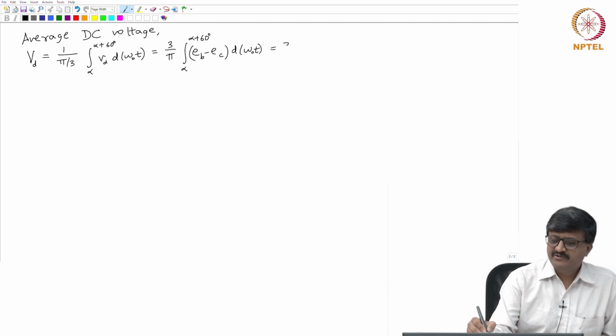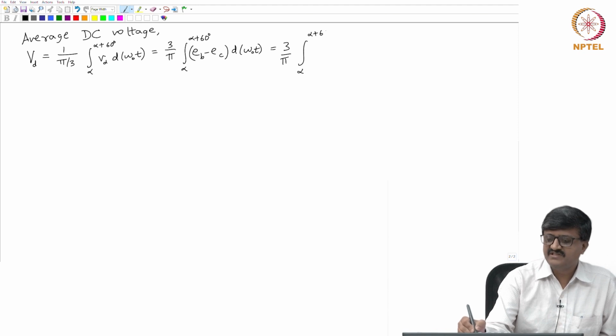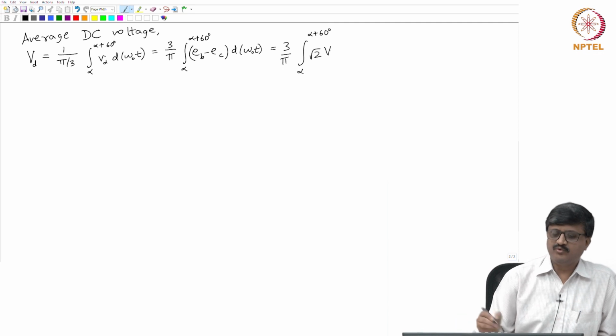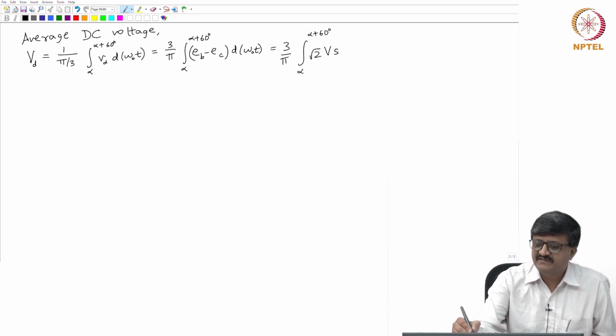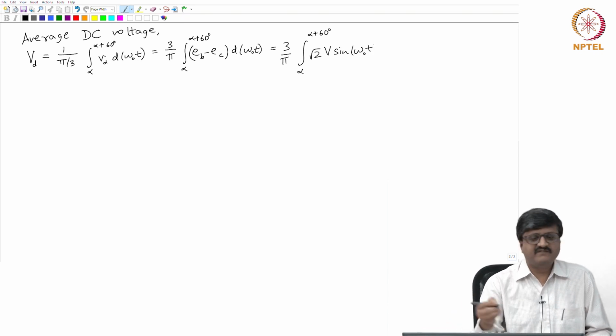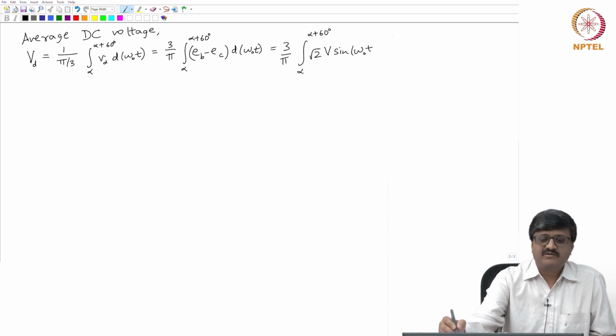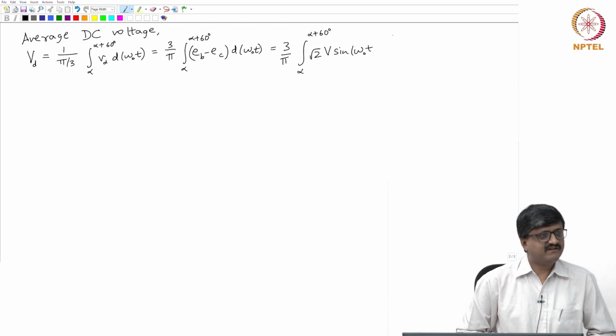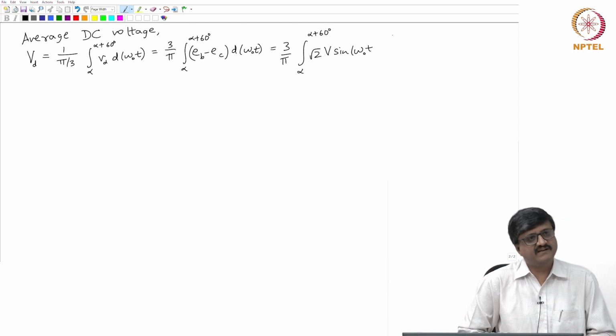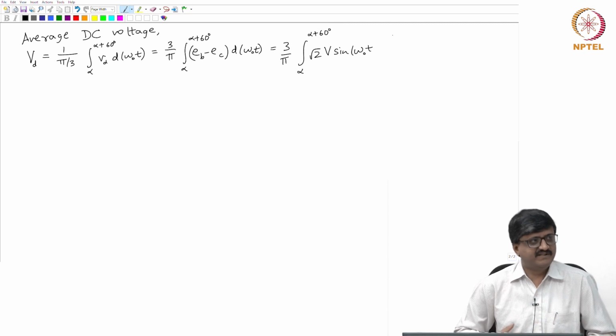So, this is equal to 3 by pi integral from alpha to alpha plus 60 degrees, and of course, Eb minus Ec is root 2 V. From the expressions for Eb and Ec, I can get the expression for Eb minus Ec. It is sin of omega Ot plus a phase angle. Eb has a phase angle of 30, Ec has a phase angle of minus 90. So, minus Ec will have a phase angle of plus.